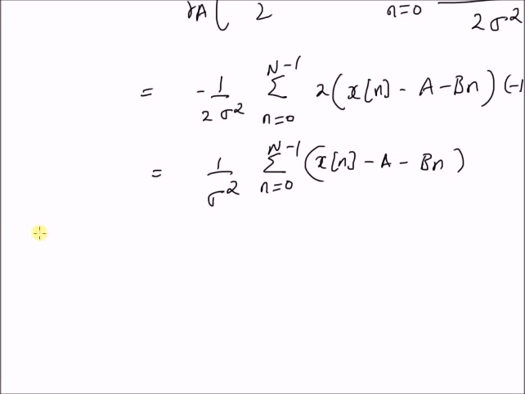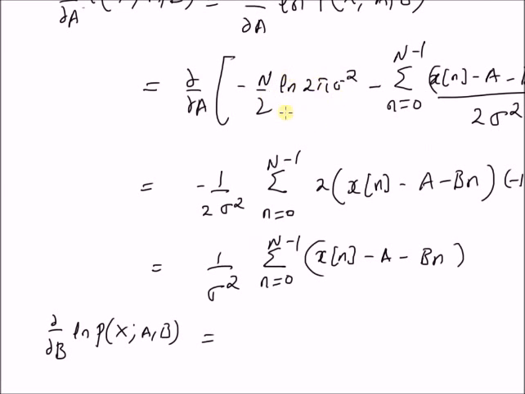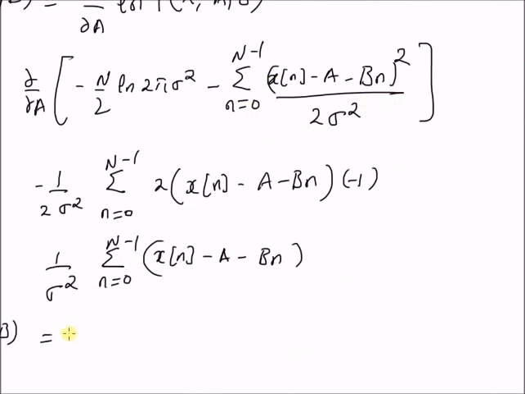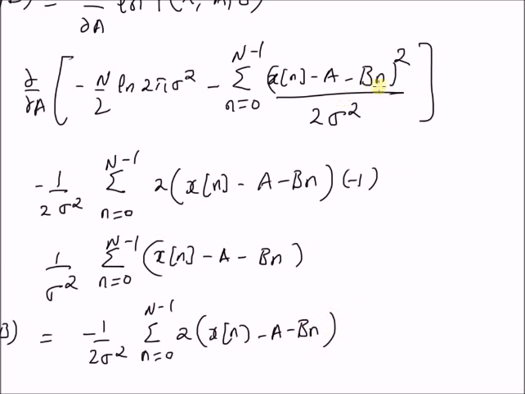Next, we need the derivative with respect to the parameter b. The derivative of the first term with respect to b is clearly 0 and the derivative of the second term is minus 1 by 2 times sigma squared summation n equal to 0 to N minus 1 of 2 times x of n minus a minus bn, times the derivative of minus bn, which is minus n.